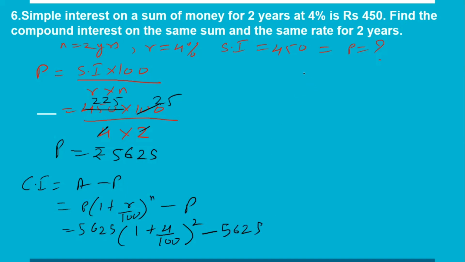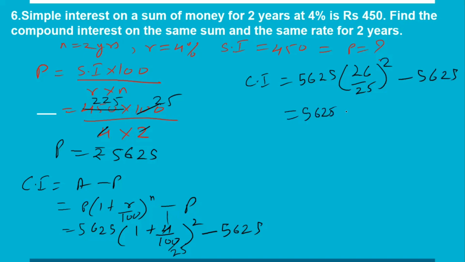Simplify this further, we get 5,625, the compound interest we are calculating. In bracket, this is 4 ones are 4, 25s are 100, so we get 25 plus 1, 26 upon 25, the whole squared, minus 5,625. Simplify this further, 5,625 into 26 upon 25 into 26 upon 25 minus 5,625.